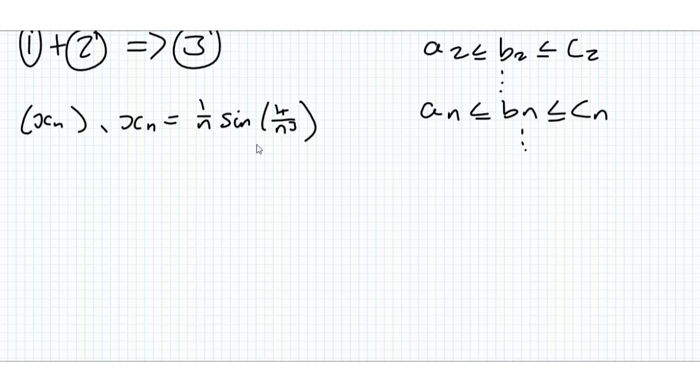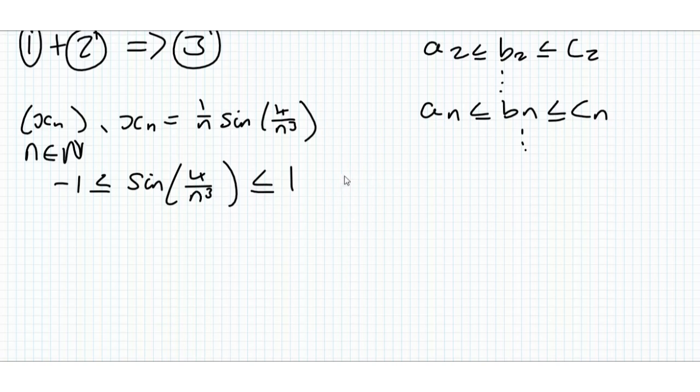This is a sequence, so remember n's in the natural numbers are kind of important. We know that sine takes all real numbers as inputs, and therefore sine of 4 over n cubed, because 4 over n cubed is going to be a real number, is bounded between minus 1 and 1. So minus 1 is less than or equal to sine of 4 over n cubed, which is less than or equal to 1, for n in the natural numbers.